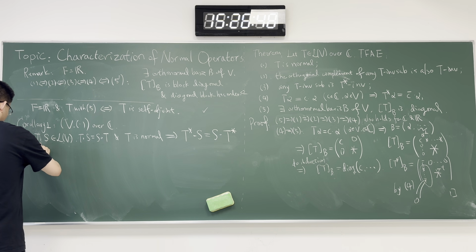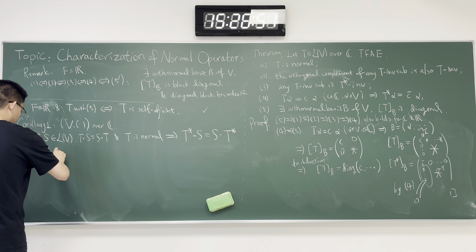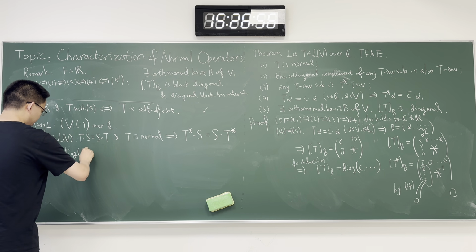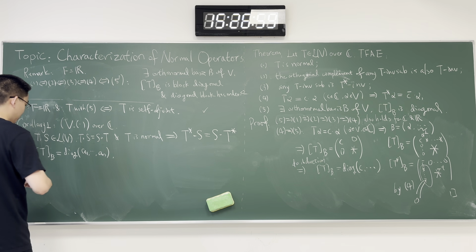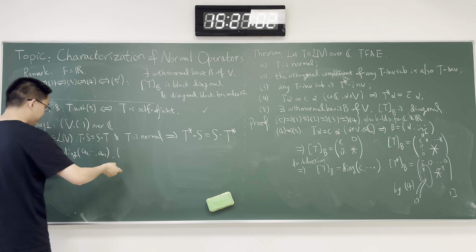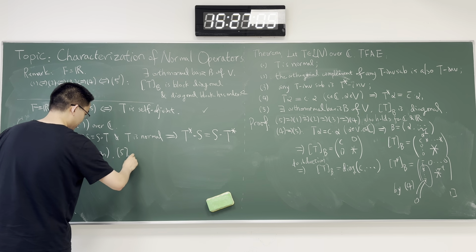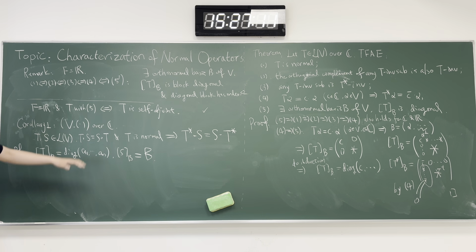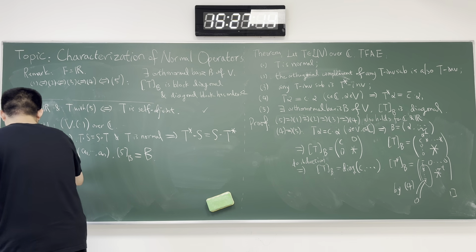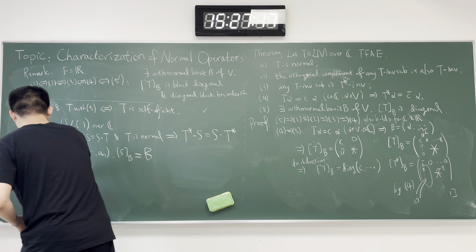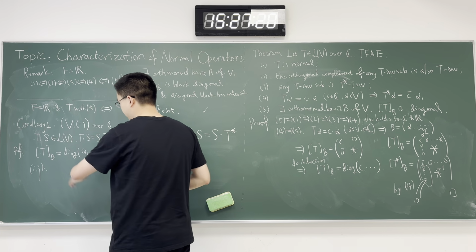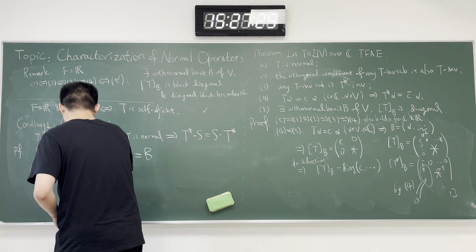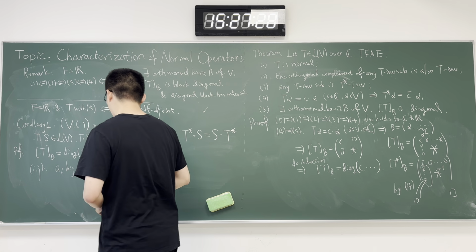So let's write T as the diagonal matrix with entries a1, ..., an, and write the matrix representation of S under the same basis as matrix B. Then the commuting relation implies that if we examine the matrix entry at ij, we get a_i times B_ij equals B_ij times a_j.